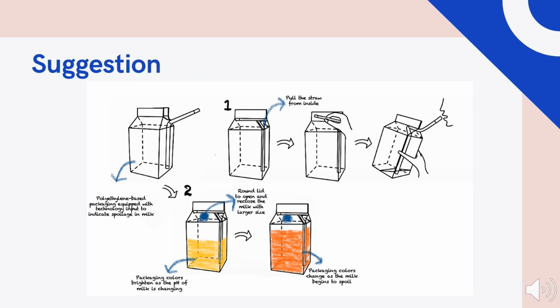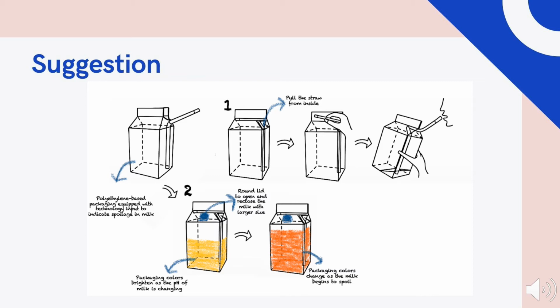The second suggestion is to design the overall packaging using polyethylene-based material. As mentioned before, the current gable-top carton glazed with a waterproof plastic is not appropriate to be recycled. Therefore, it is suggested to change from paper-based to fully polyethylene materials, as they can be fully recycled.